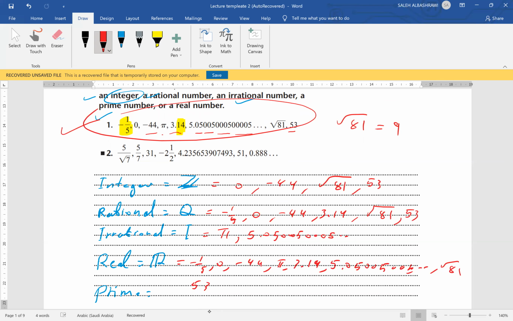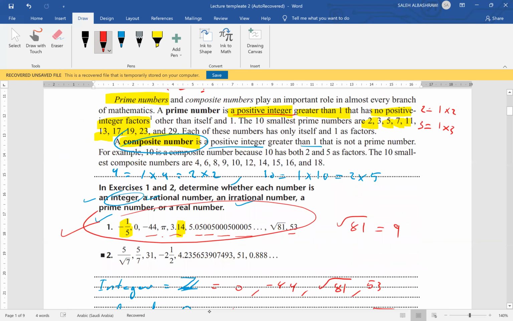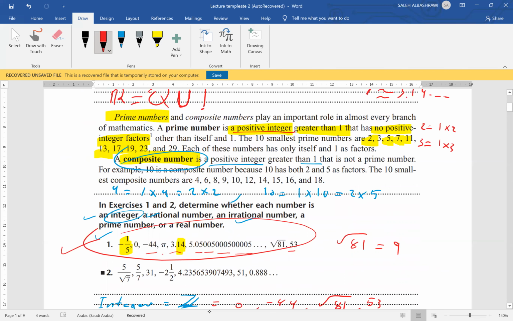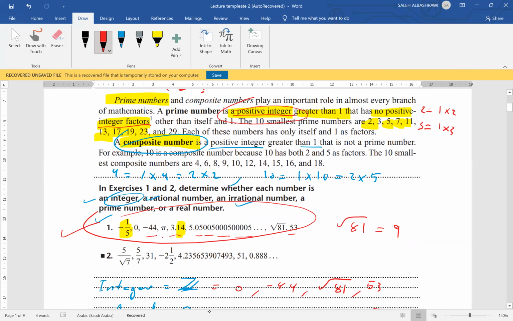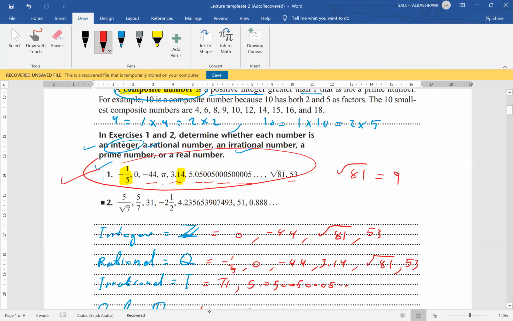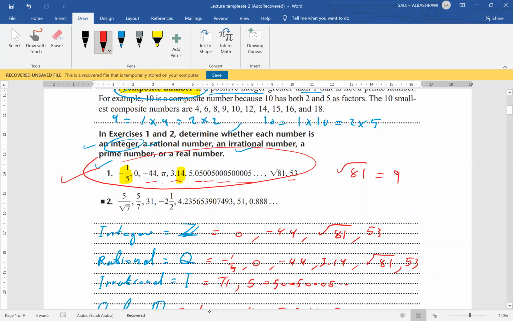What about the prime numbers? Let's go back to see the definition. A prime number is a positive integer. First of all, it must be an integer number greater than 1 that has no positive integer factors other than 1 and itself.